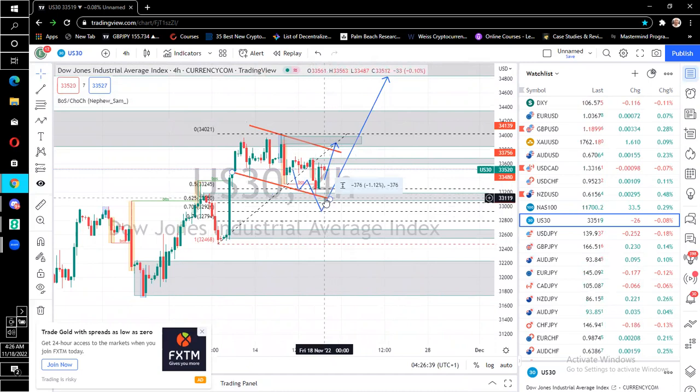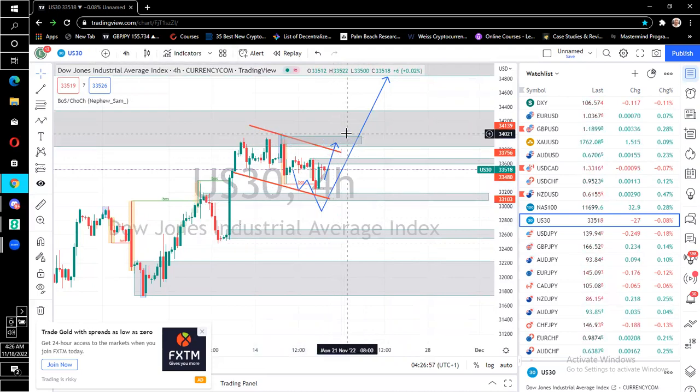So we are expecting to see this push to the upside, except we see this guy find a way to push down, taking out this liquidity, then we can actually go there. So two things that the market is saying, so we'll have to wait, let the market decide what it wants to do before I take this particular trade.